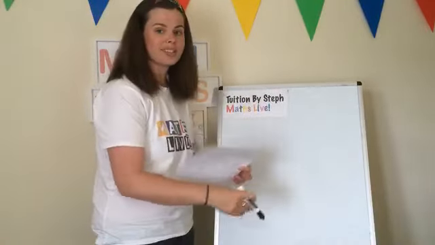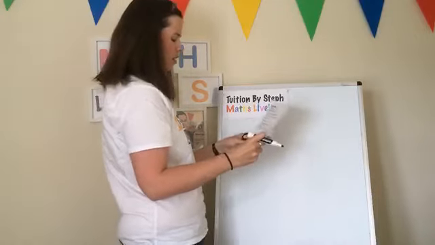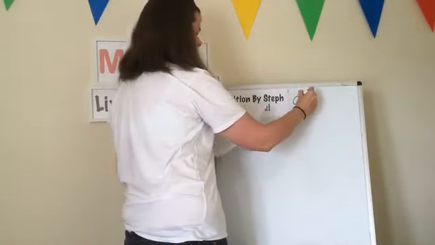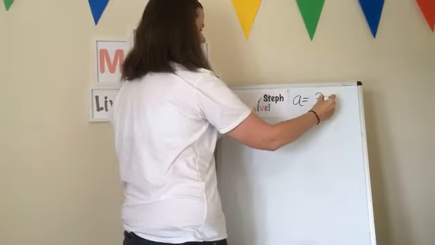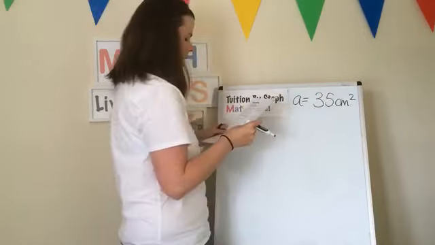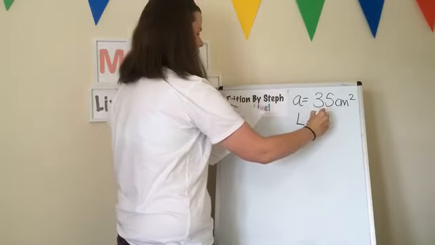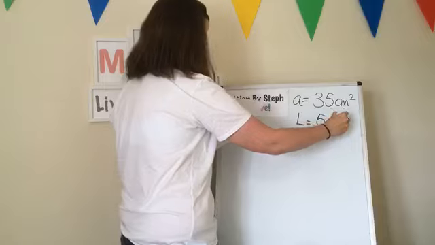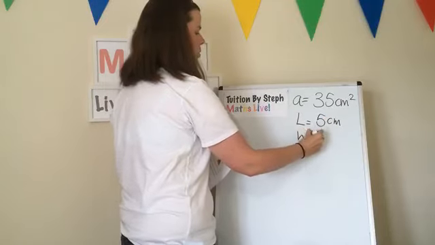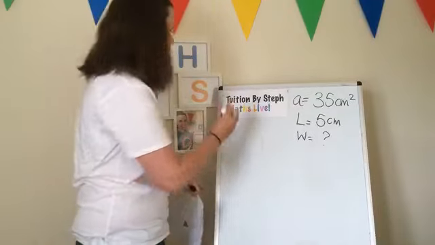But we do go on to area now, because we are told the area of a rectangle is 35 centimetres squared, and we're told the length is 5 centimetres, and we need to find out what the width is. Okay, so you can draw it if you like.